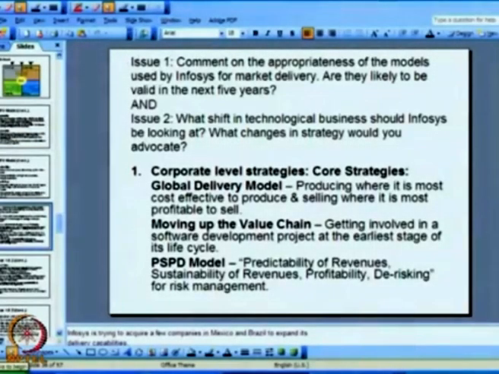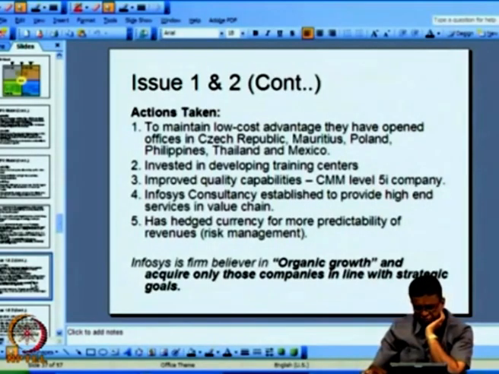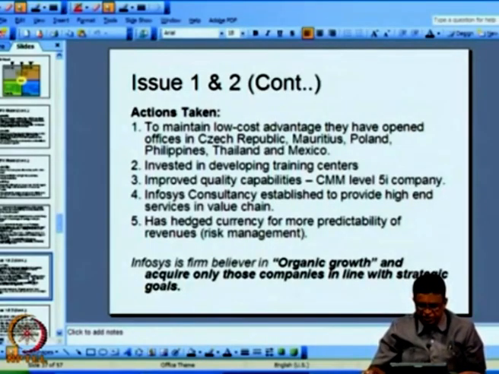So, what is the type of answer which they come out with? They say the company, in order to maintain low cost advantage, has opened offices in Czech Republic, Mauritius, Poland, Philippines, Thailand and Mexico, invested in developing training centers, improved quality capabilities, then consultancy established to provide high end services in the value chain, then has hedged currency for more predictability of revenues, risk management.